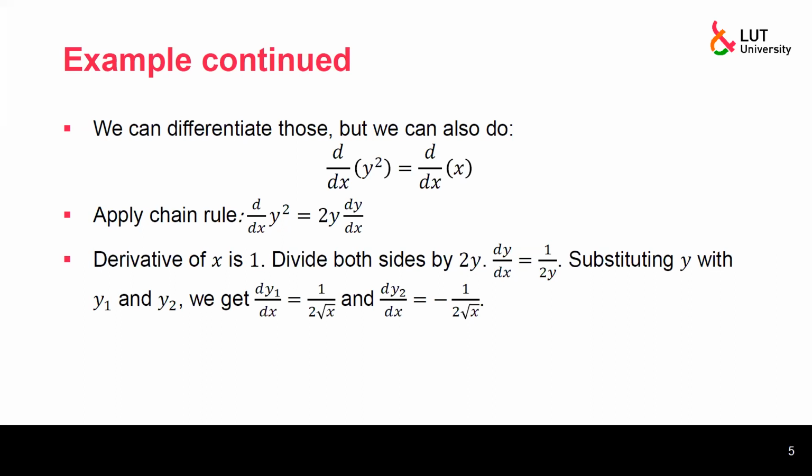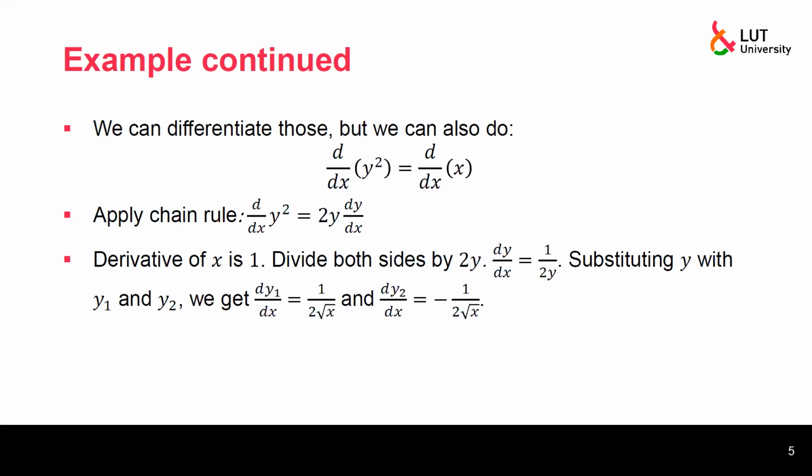And now we still consider that dy/dx is some kind of function here. That was dy/dx, the derivative of y, what we mark it. So we get 2y dy/dx on one side, and on the other side the derivative of x, which is 1.